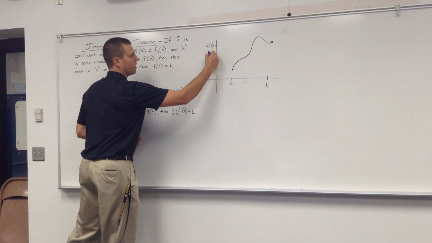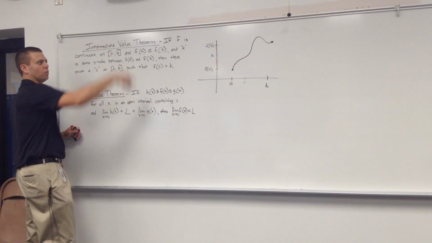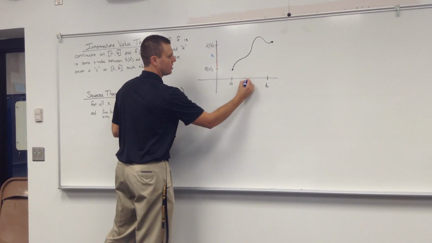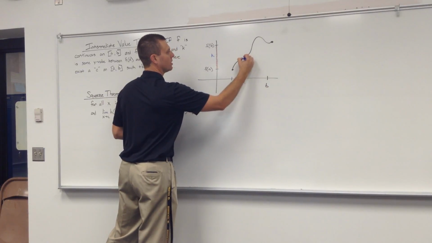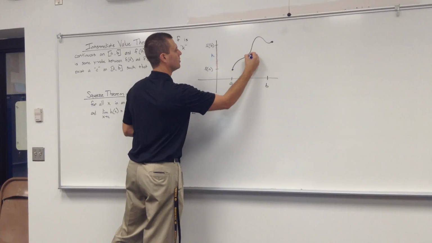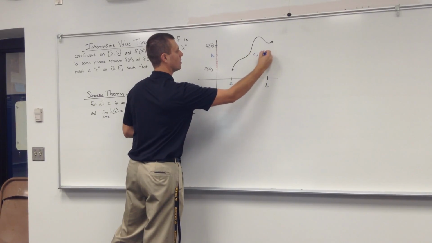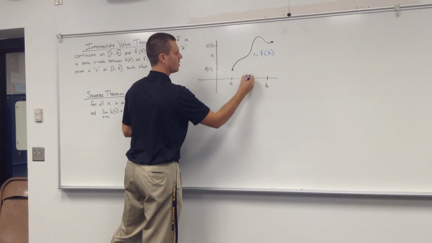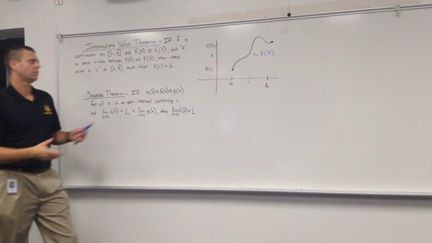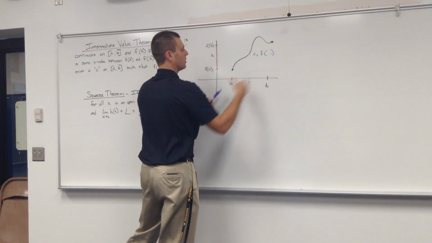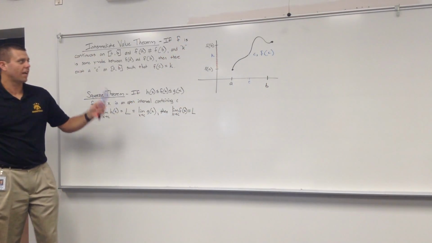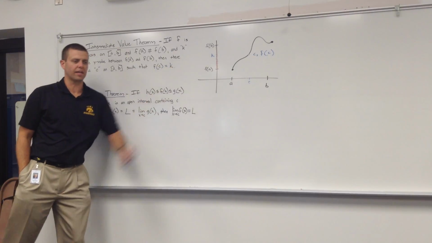then for any k value that's between f of A and f of B, there exists a c somewhere between A and B such that f of c is equal to whatever that k value is.